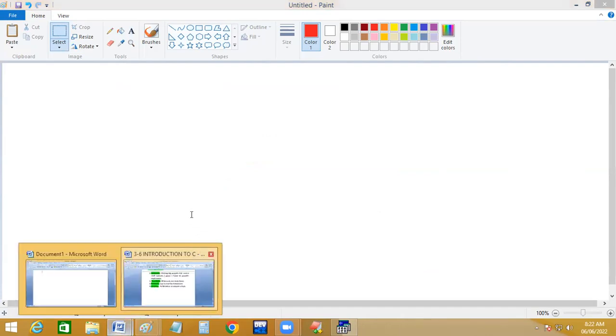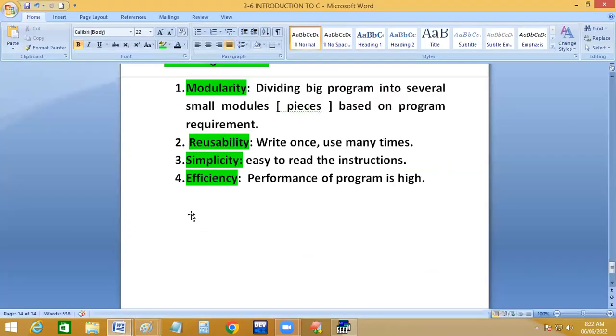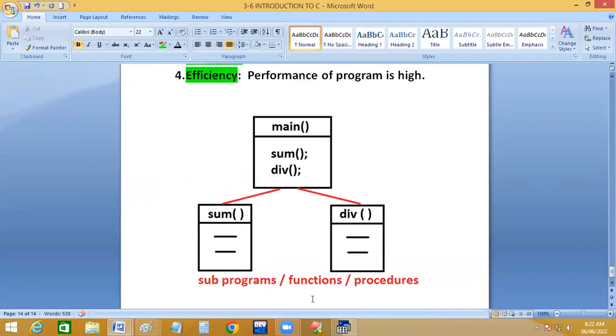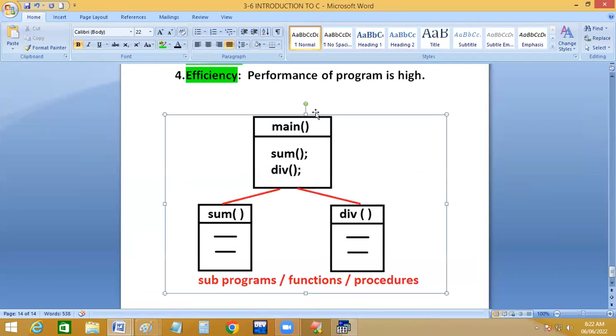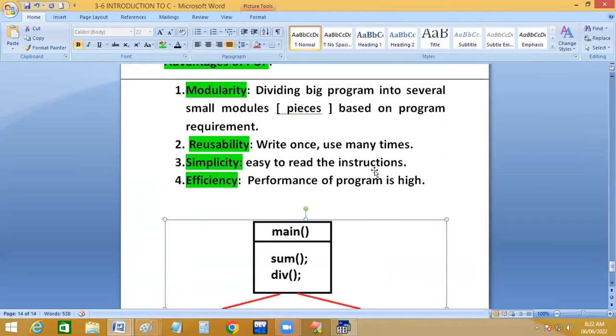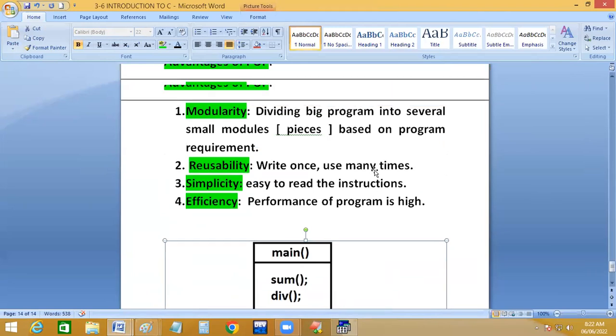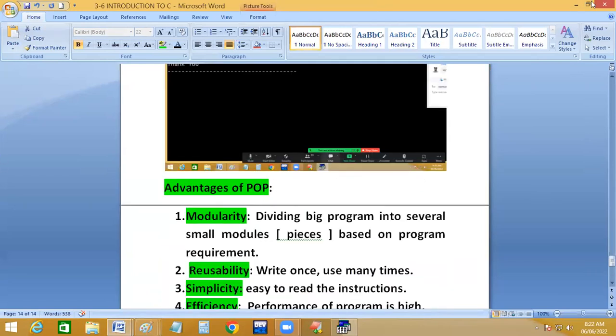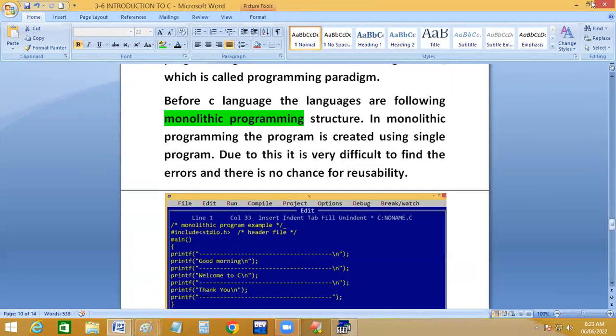Up to this, do you guys have any doubts? Anybody in this class, both online and offline students, do you have any doubts up to this explanation? Do you have any questions? Put them in the chat window, online students.